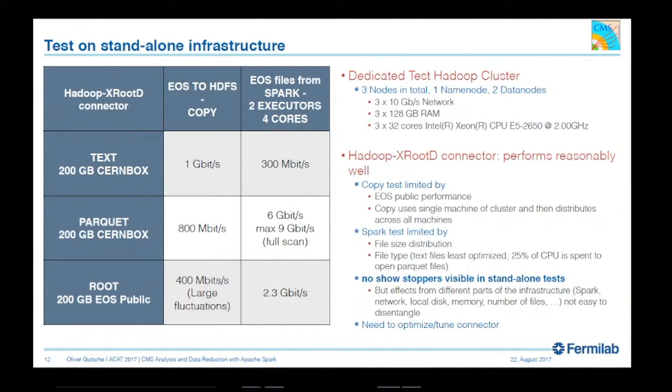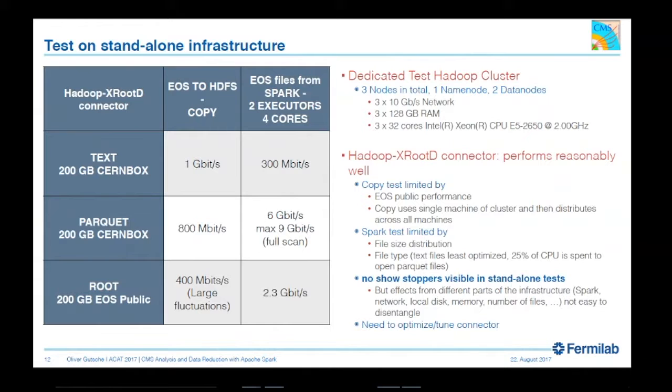It is limited by 1 machine. This goes to 1 machine, and you see that it's not using all of the available network, but it is fast enough to say that it is not preventing the system from working in a reasonable way. When you copy 200 gigabytes of text, you get a gigabyte per second.